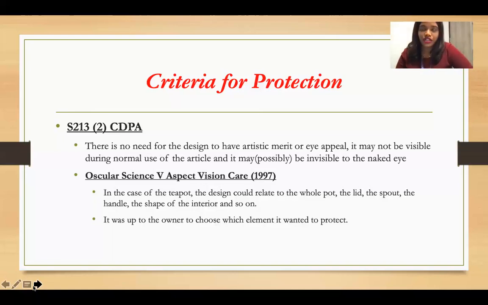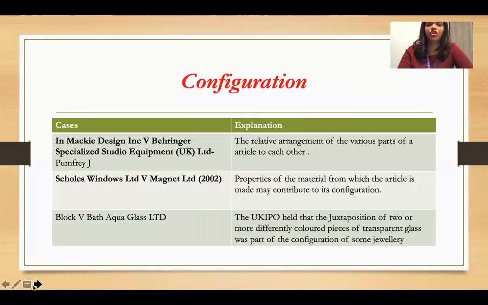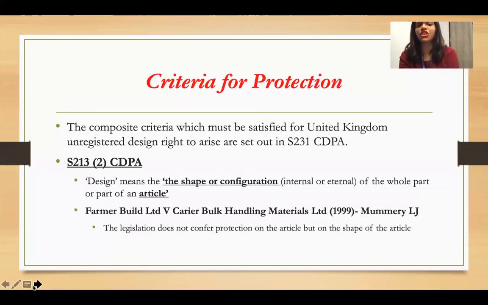The story I want to tell you is, prior to this, the CDPA was amended by the Intellectual Property Act 2014. So what happened prior to it being amended? If you look at section 2(1) sub 3, it can be either the whole or a part of an article.